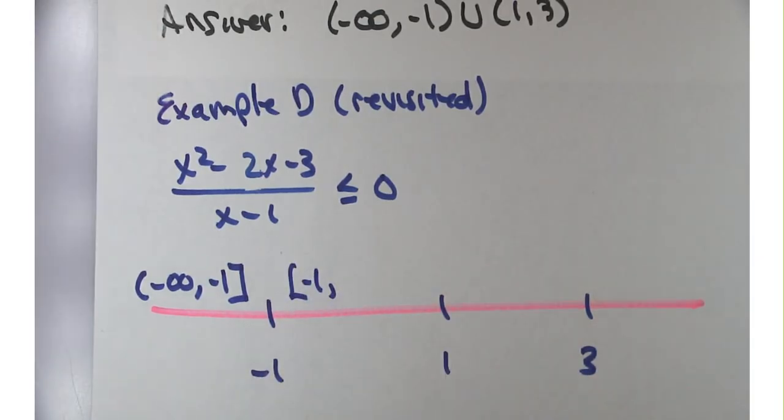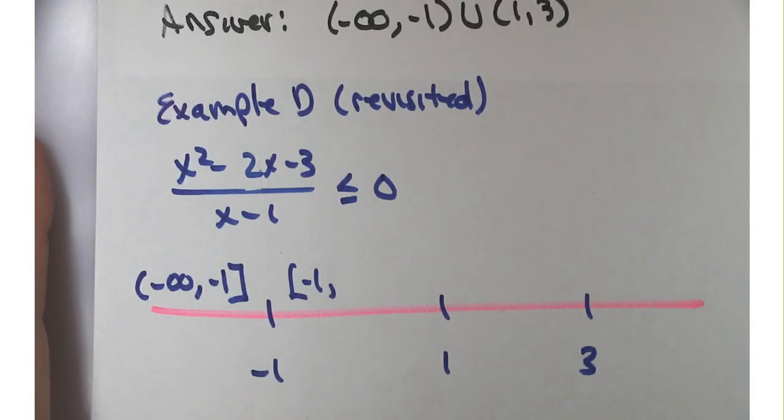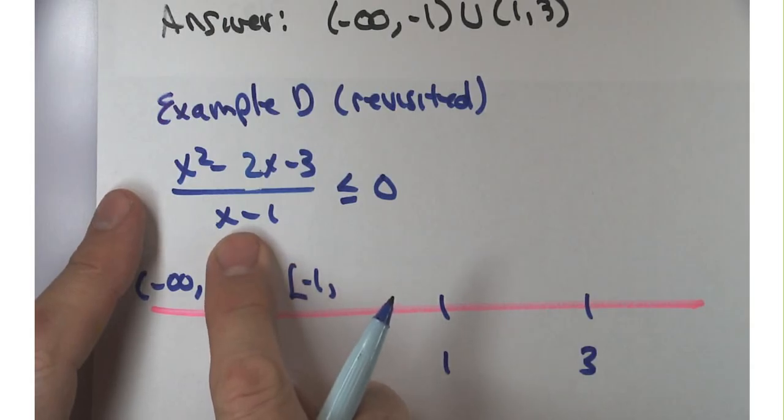How about the point x equal 1? Plug that one into your calculator. Tell me what happens when you plug in a 1. Something going wrong? Uh-oh, error. Did you make a mistake? Did I make a mistake? No. Why am I getting an error when I plug in a 1 here?